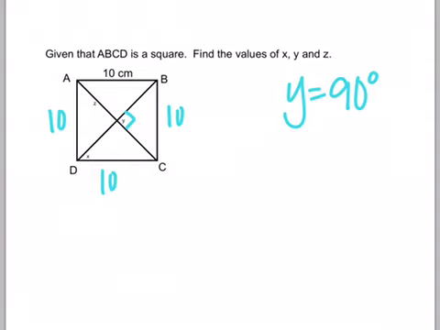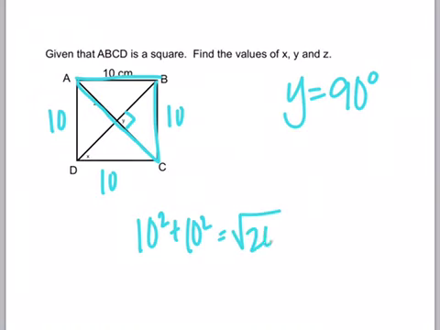As I'm trying to find this, I'm going to break it into a triangle. So I am looking at this triangle right here that is 10 squared plus 10 squared to get my final side. If I do that, I'll get the square root of 200.